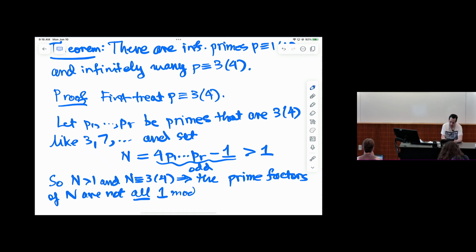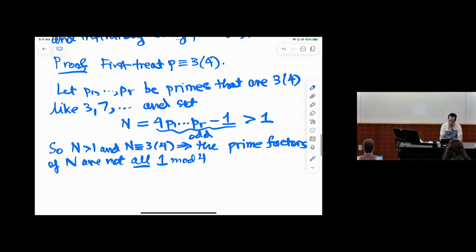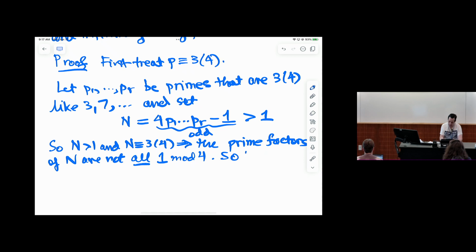Because if they were, then n, being the product of its prime factors and positive, would also have to be 1 mod 4. And so thus the number n actually has to have a prime factor that's 3 mod 4, let's say P, such that P is 3 mod 4.